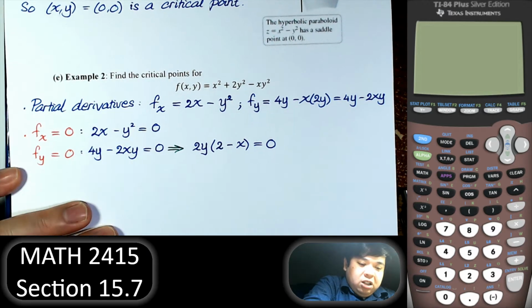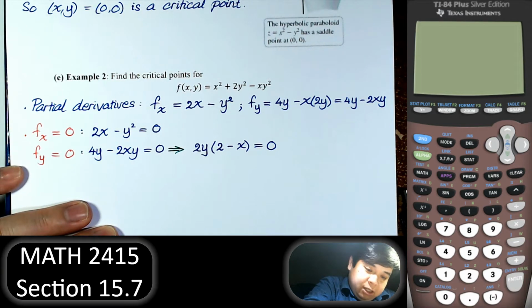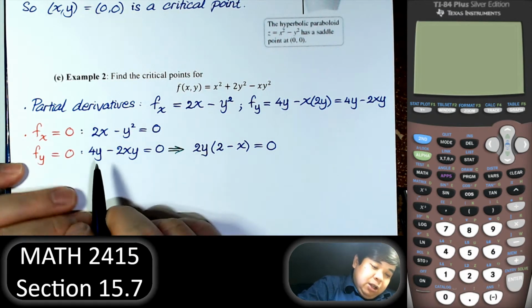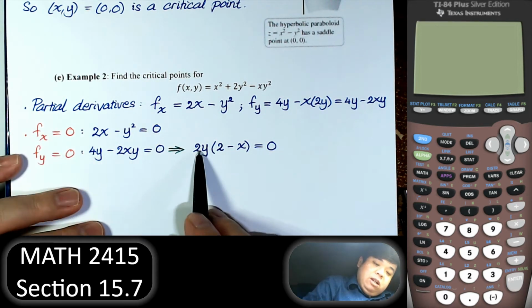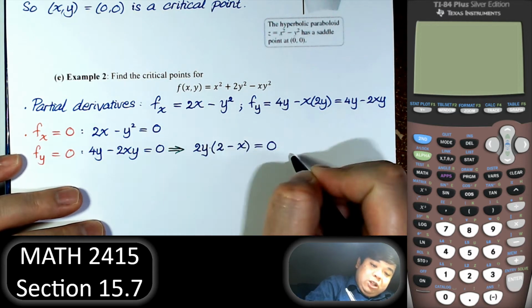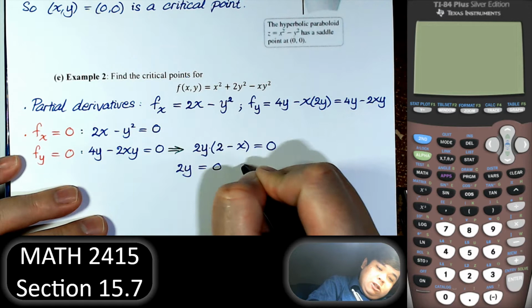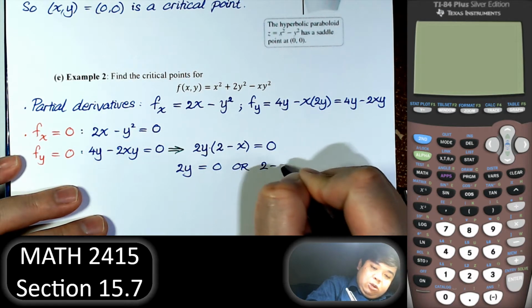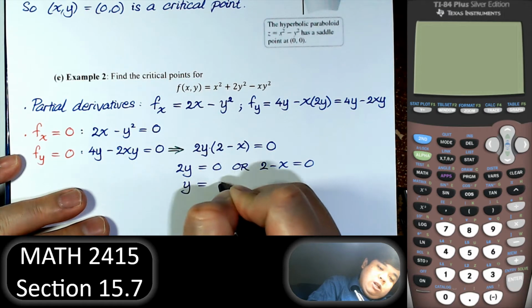The top one, just ignore it for a moment, right? So factor out 2y, there's 2. Factor out 2y, we have there's x. So 2 minus x. Now, a product equal to 0, so each one of them equal to 0. So we have 2y equal to 0, or 2 minus x equal to 0. 2y equal to 0, so y equal to 0.